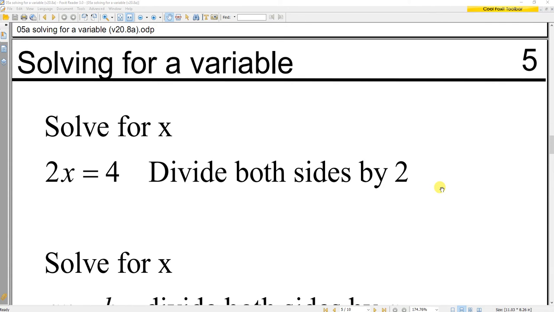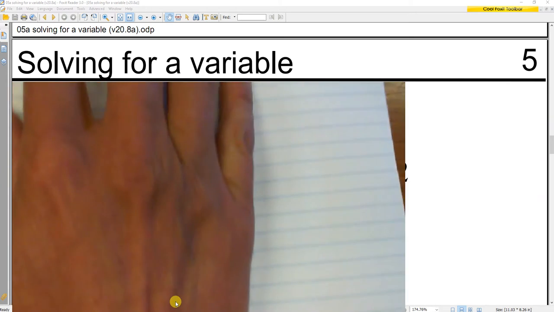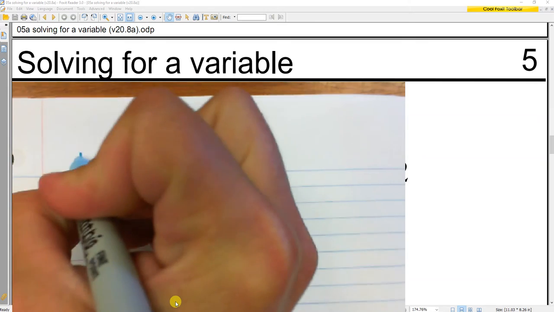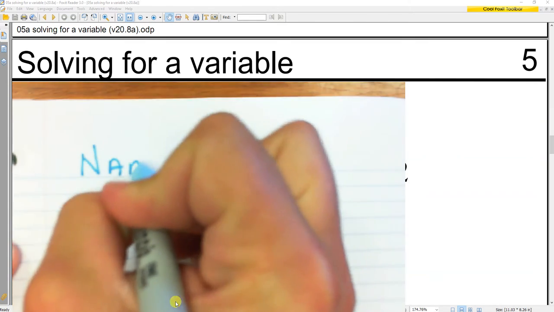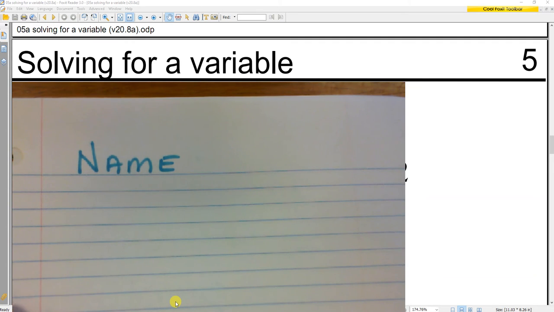Okay, let's get going on those notes. Start off with your name. And the title is solving for a variable.